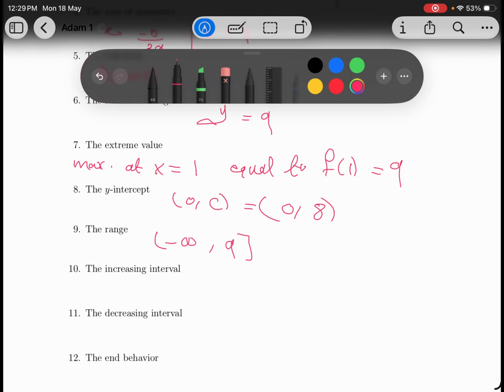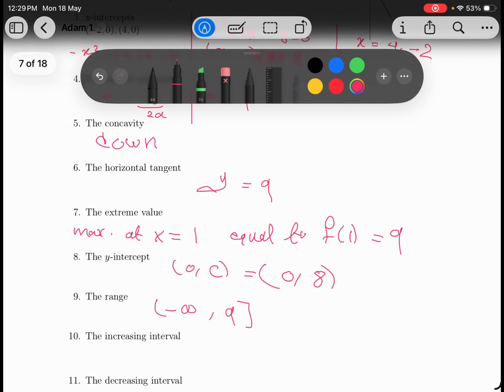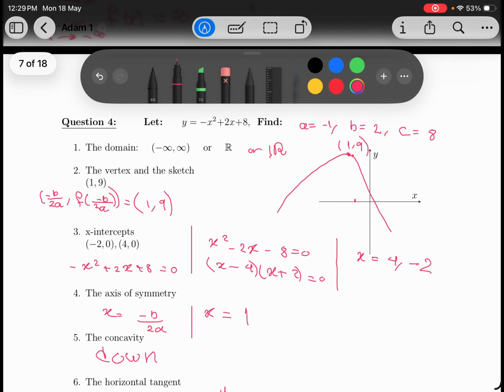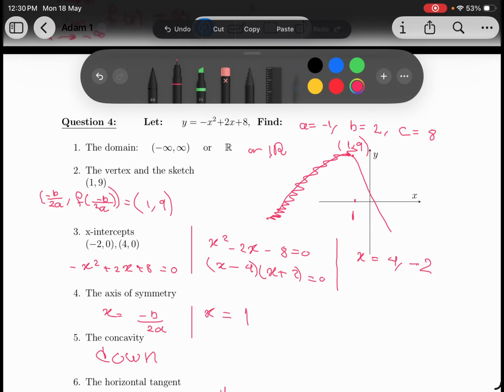Okay? The interval, okay, the increasing interval, look at this. This function is increasing over this part, from here minus infinity till, please, don't ever say till 9. No, it's not till 9, it's till 1, because increasing and decreasing are with respect to the x-axis, not anything else, please, okay? So here we have 1.